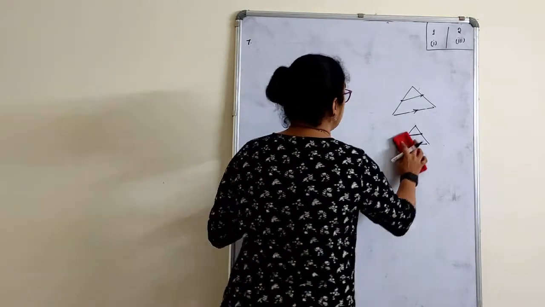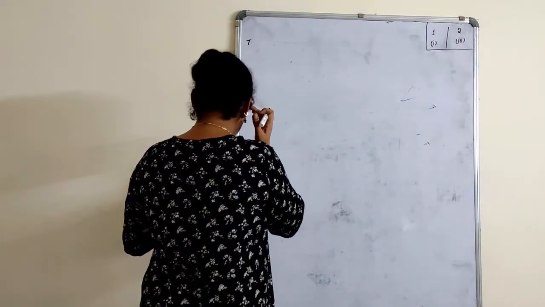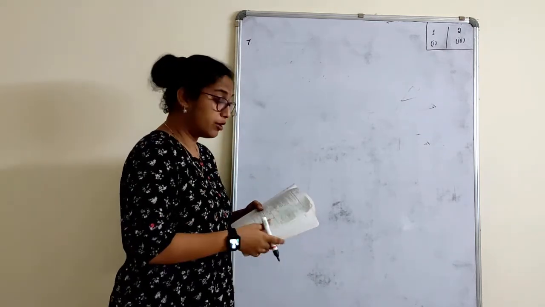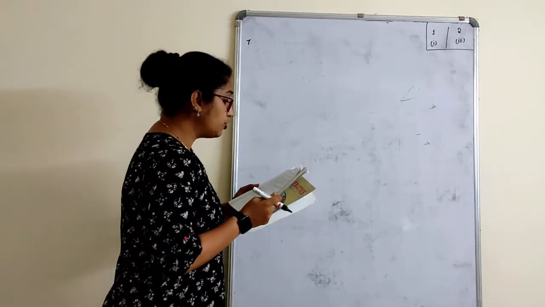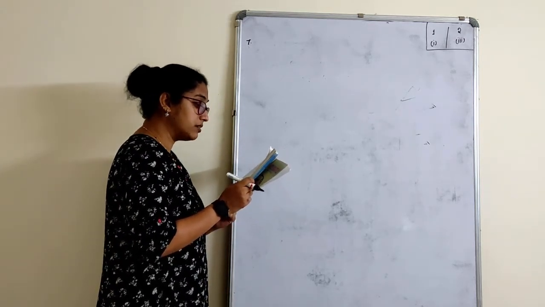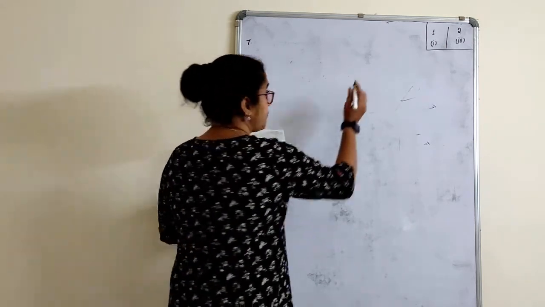Let us prove that. Seventh one. So using theorem 6.1 is nothing but using theorem BPT. Prove that the line drawn through the midpoint of one side of a triangle parallel to another side bisects the third side. This is converse.